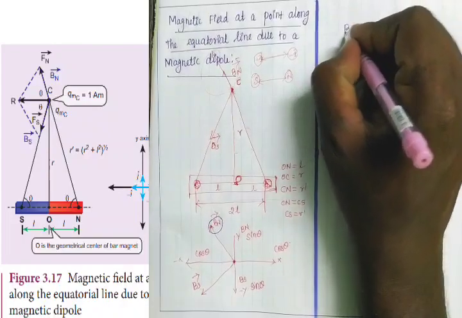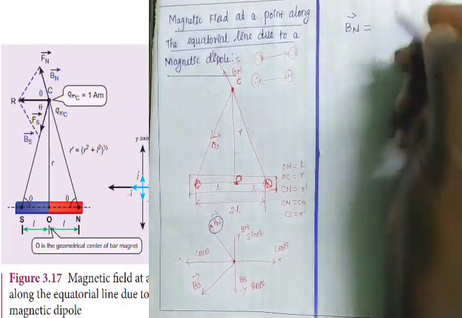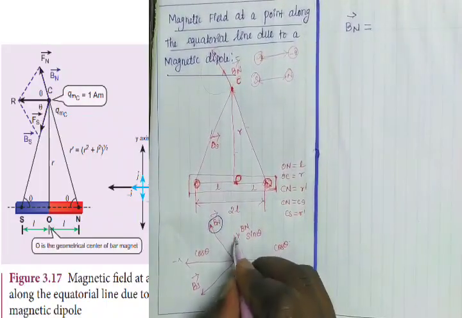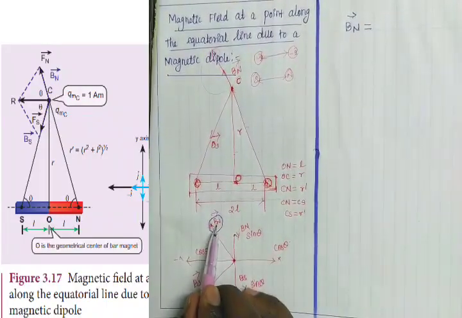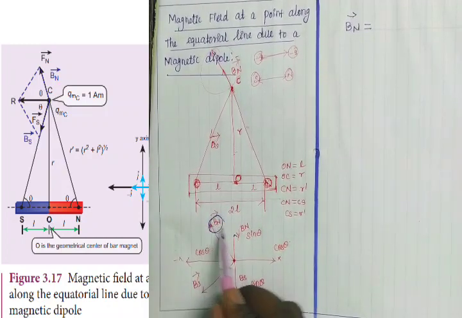The vector Bn is the resultant magnetic field.